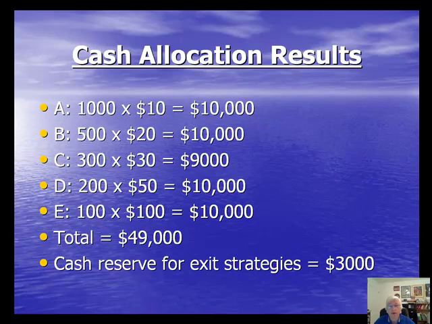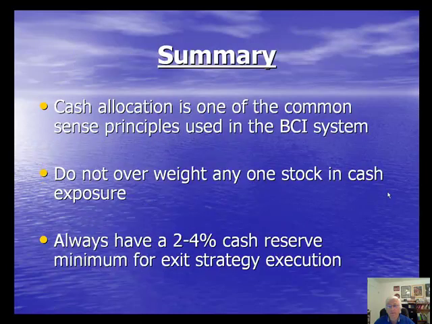And stock E, we purchased 100 shares at 100, again, $10,000. The total amount of cash, not including commissions, that we spent on setting up this portfolio was $49,000, and that will leave us $3,000 for potential exit strategy execution, a very comfortable amount.